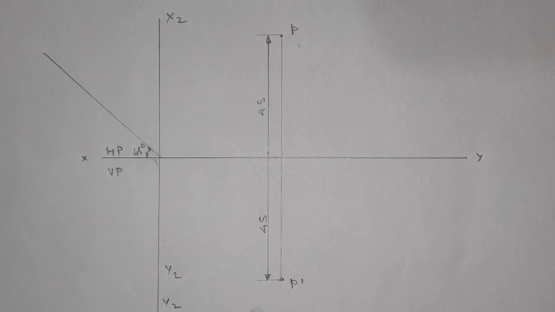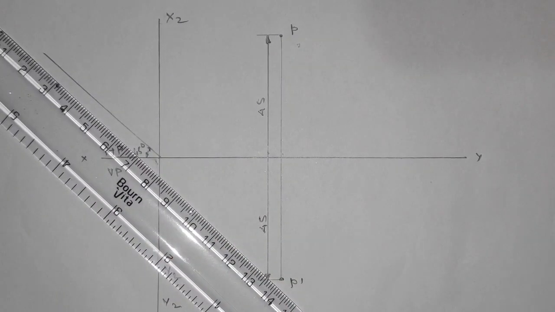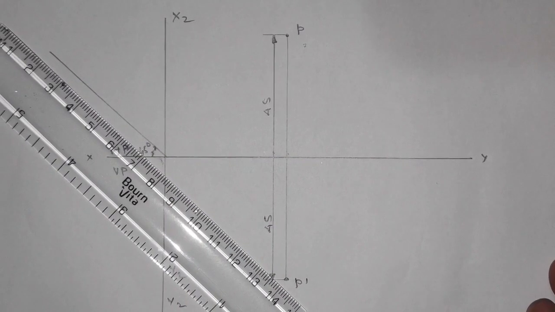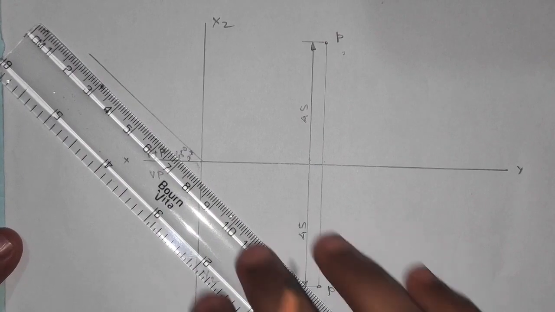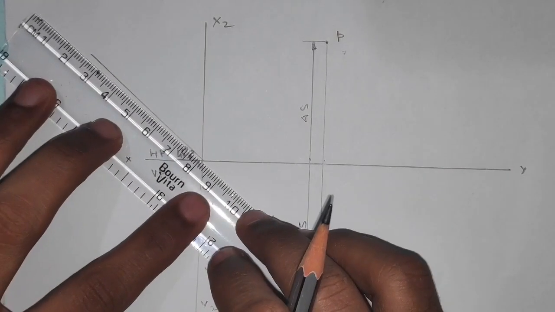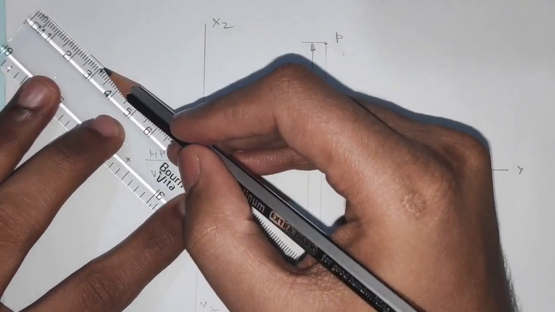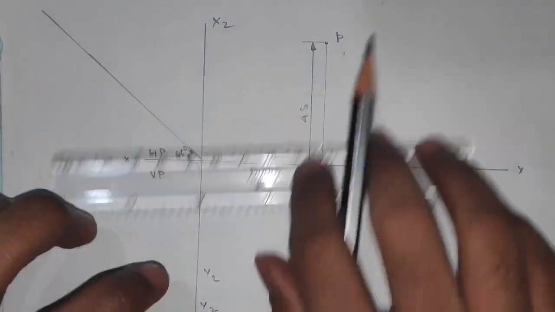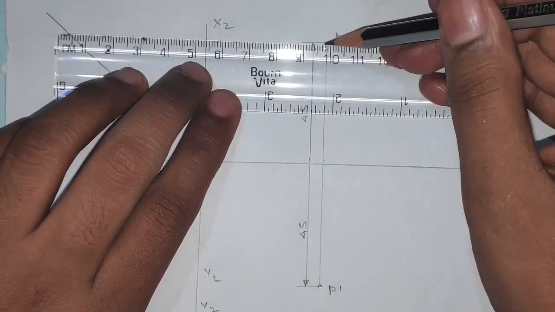My next process is to do the projections. So the top view I have to project till the 45 degree line. I'll just move this sheet so that you can see how the drawing is done. Here I'll extend this 45 degree line slightly longer so that I can project this point clearly. So this point P, I shall project it till the 45 degree line.